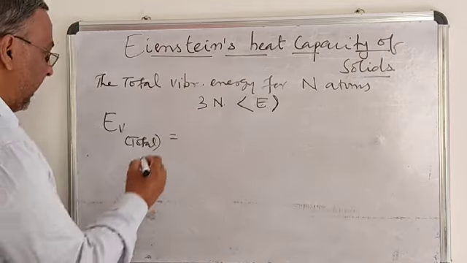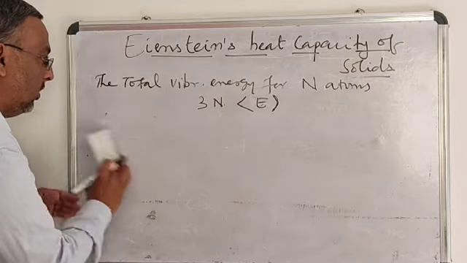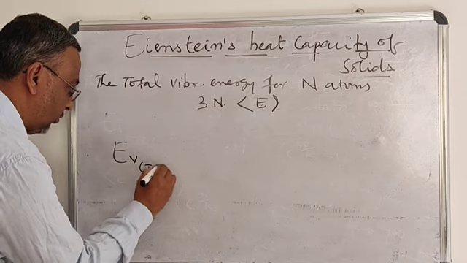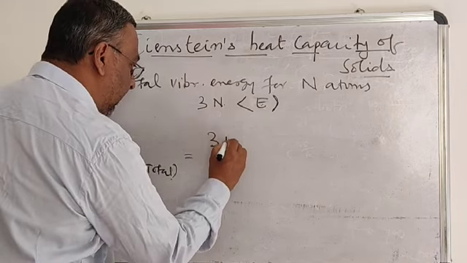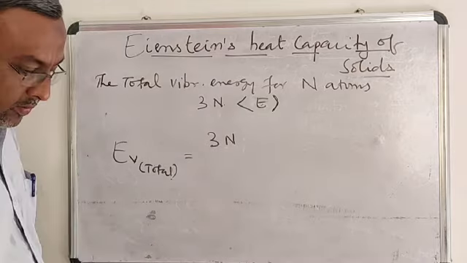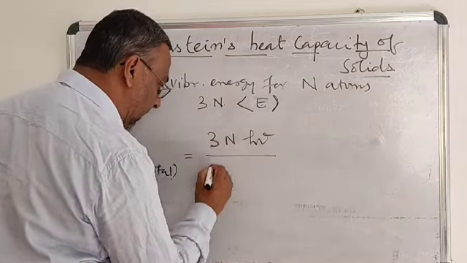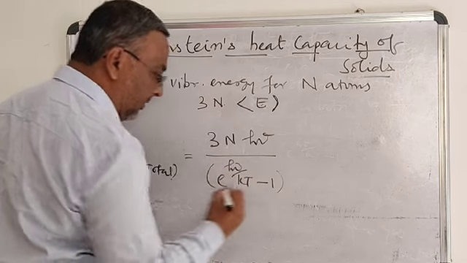So the total energy of vibration will be equal to 3n into h nu divided by e power h nu by kT minus 1.